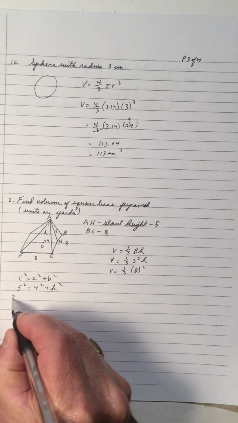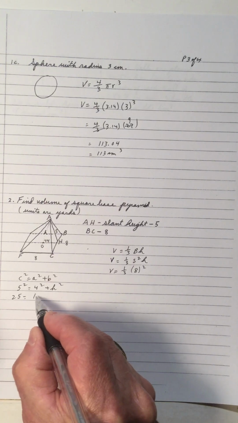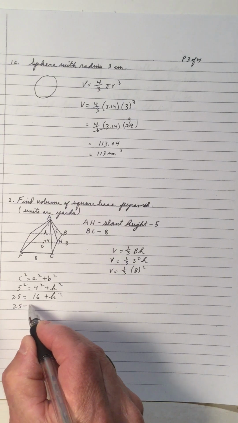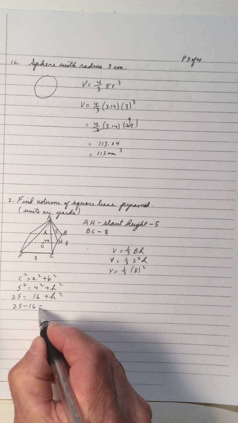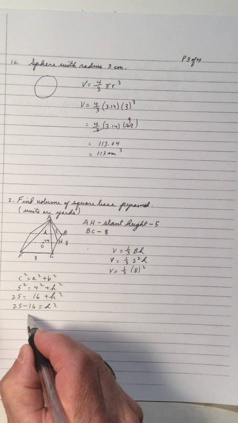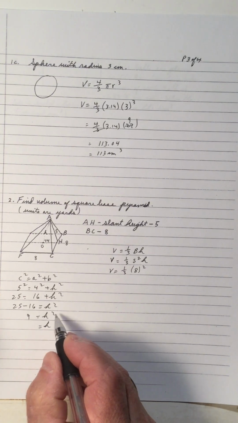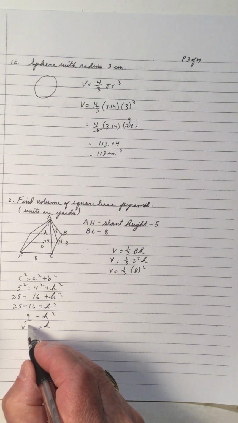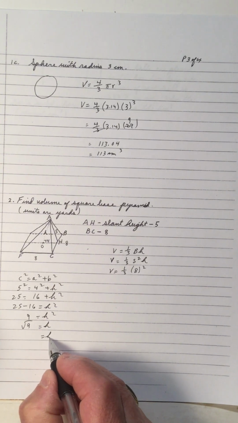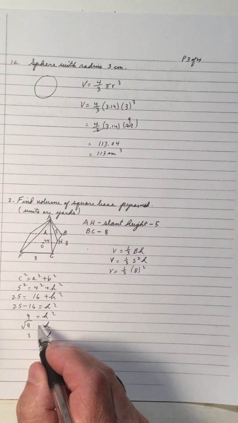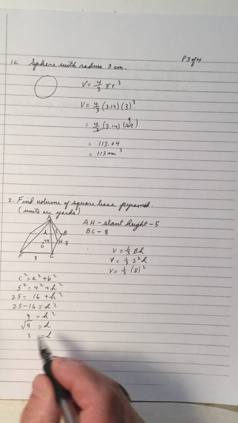So let's work this out. 25, 4 squared is 16, h squared. 25 minus 16 equals h squared. So that's 9 equals h squared. So the square root of 9, again, it could be plus minus, but in this grade, just do the square root of 9, which is 3.